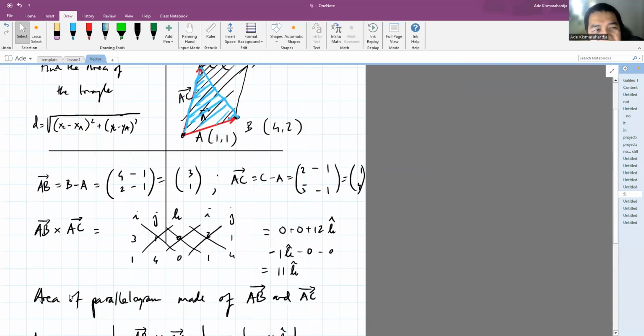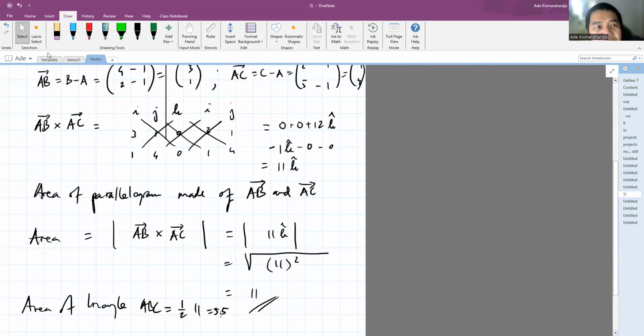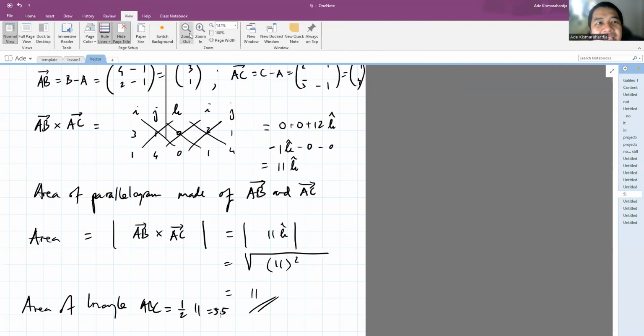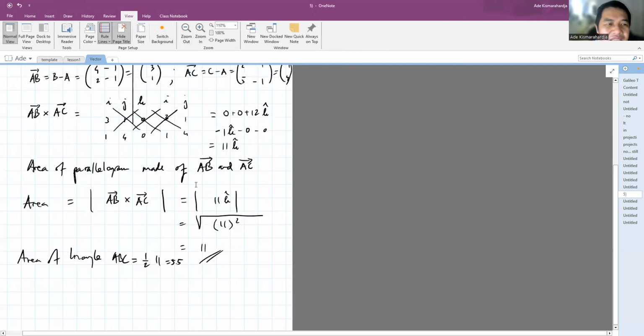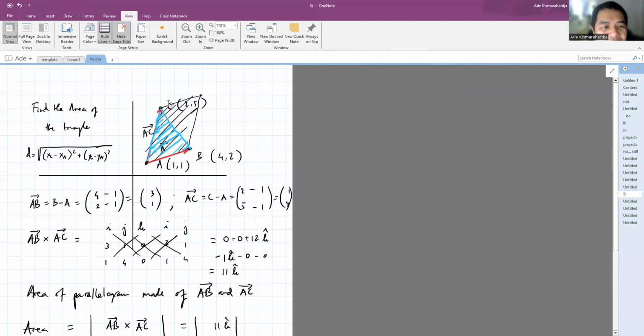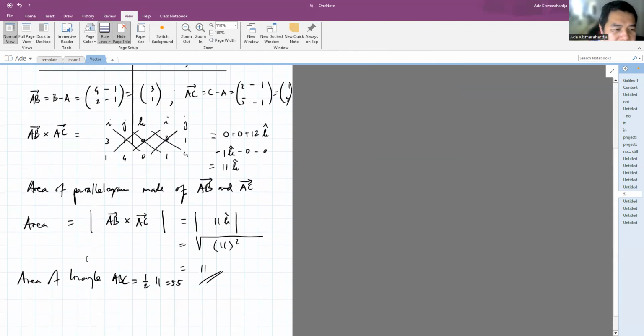using vectors. Now what I want to show you after this is actually how we can also calculate the area of that parallelogram, but rather than using cross product, actually we can do also another method.